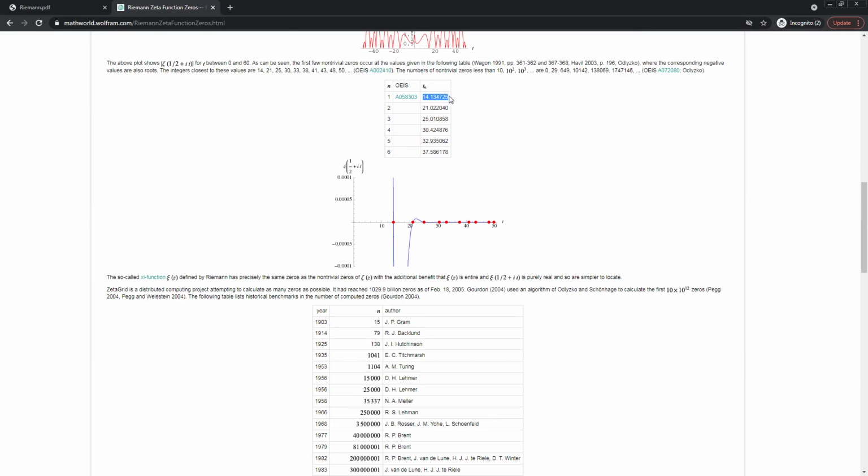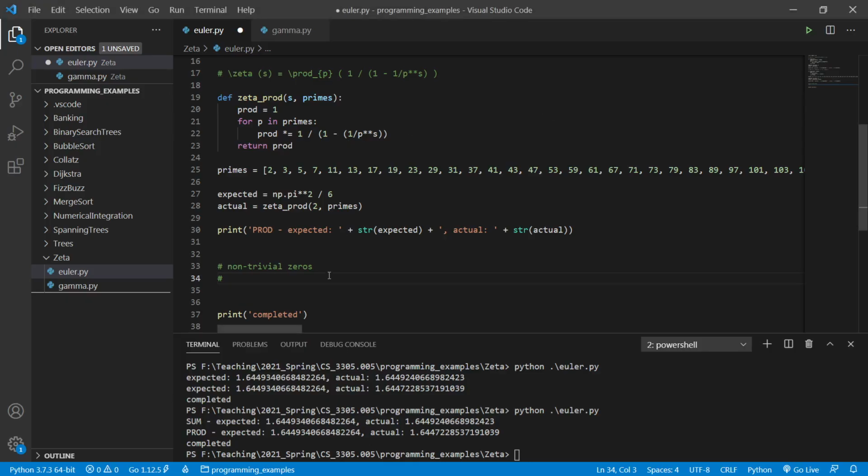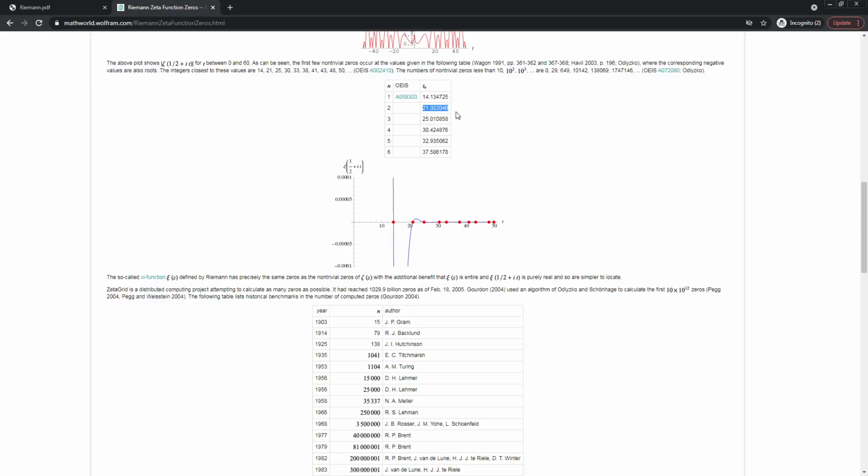One of them occurs when s is equal, or sorry, whenever t is equal to this. So let's copy that one. Okay, so the real part is always a half, and then this is going to be the complex part, and we mark it with a J in Python because everyone uses iterators. So I is very commonly used. J was more readily available, I guess. Okay, so that's the first one. The next one is right here.